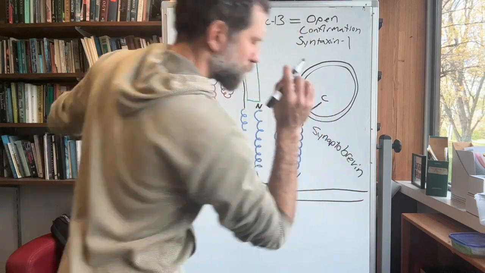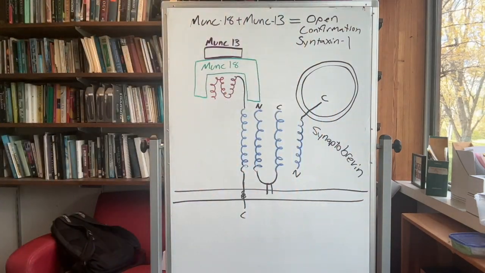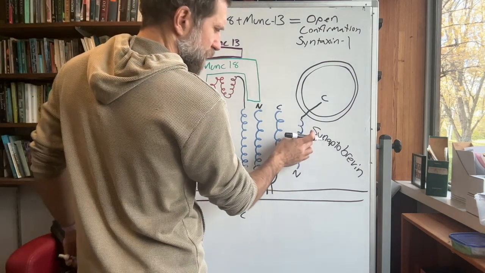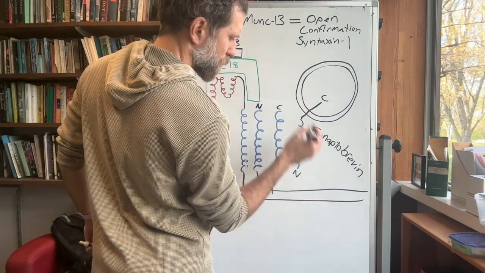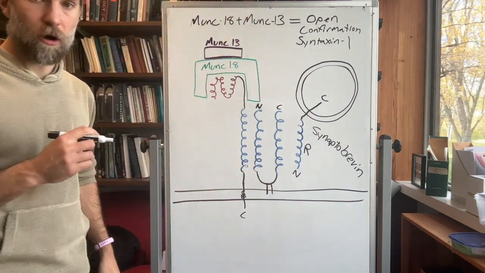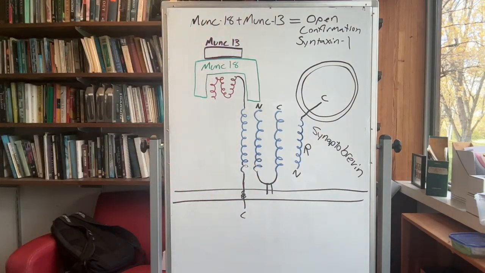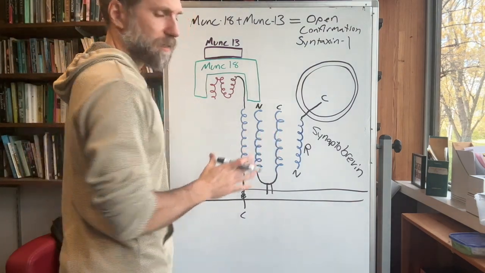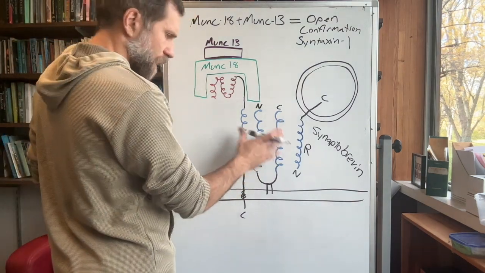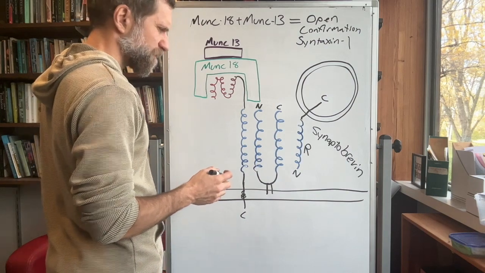Synaptobrevin, this alpha helix SNARE motif is our fourth one, and it's called R. And so synaptobrevin is going to be able to zipper with this complex with the other three motifs.